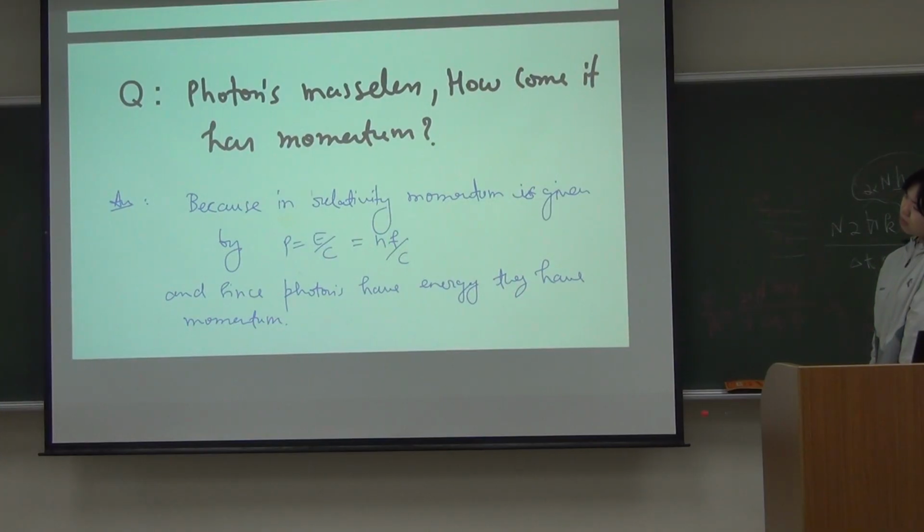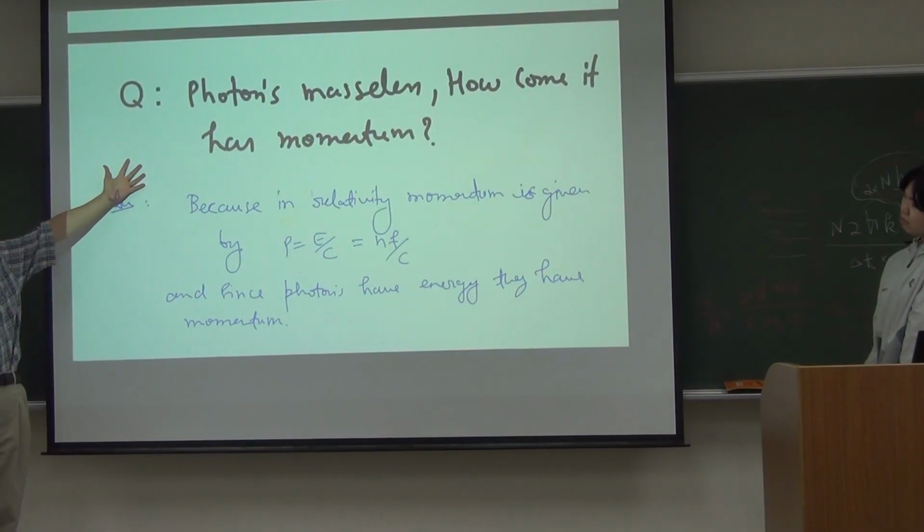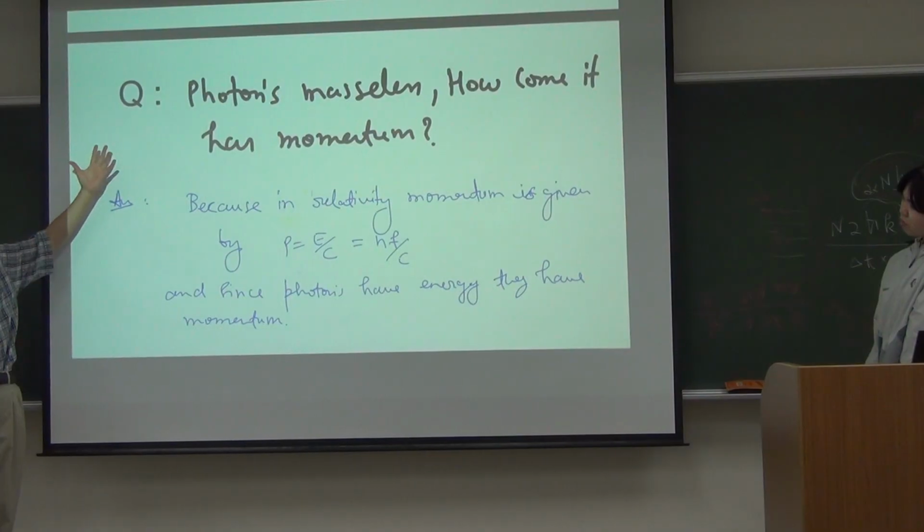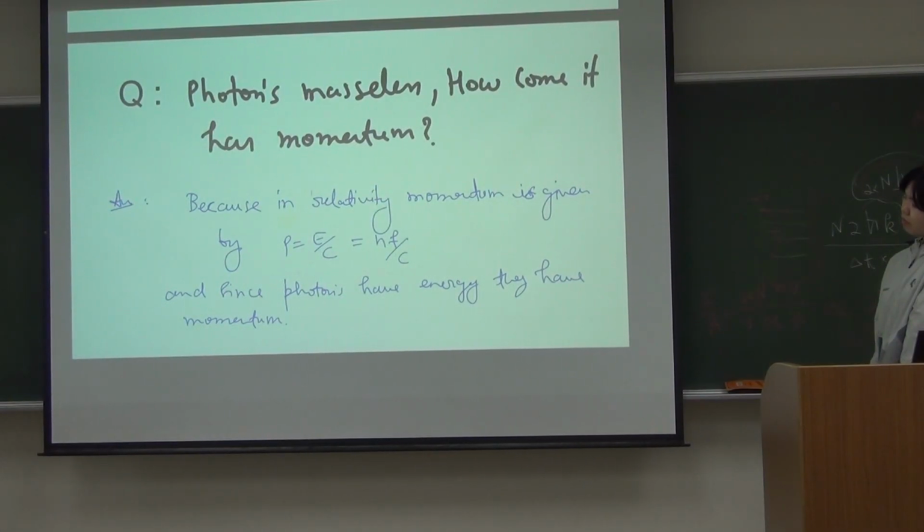But if Newton's mechanics is not the ground truth, then this question does not make sense at all, because it's based on Newton's mechanics. Newton's mechanics cannot explain the quantum behavior of particles in materials and the interaction between photons and materials. So I would first reject this question, okay? Because Newton's mechanics cannot explain so many things in modern physics.